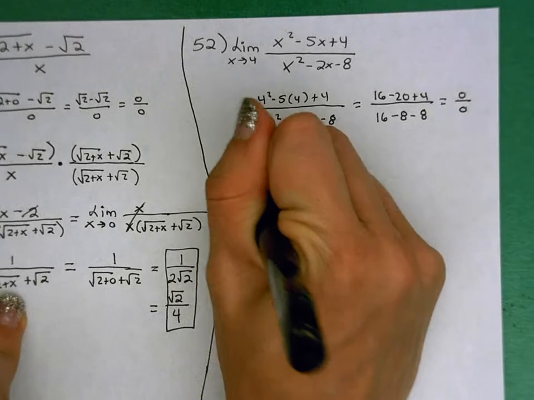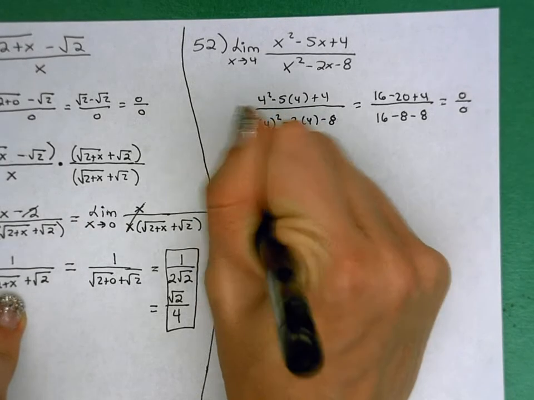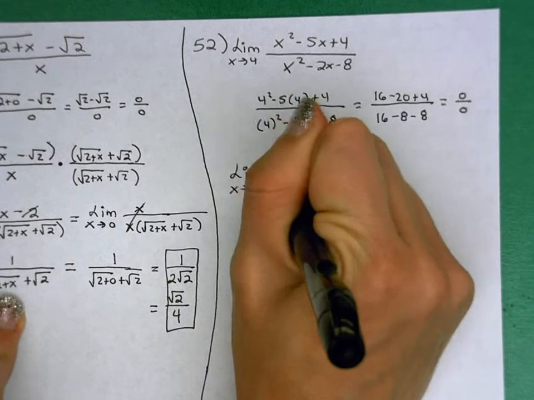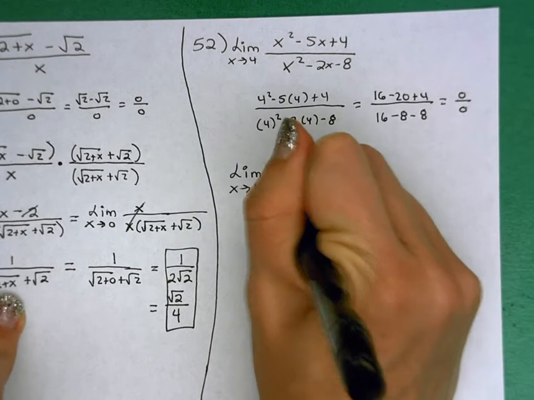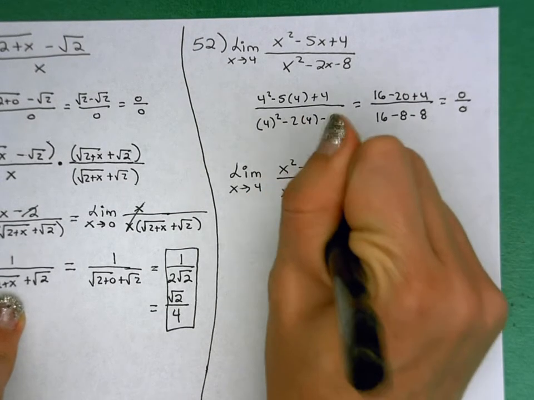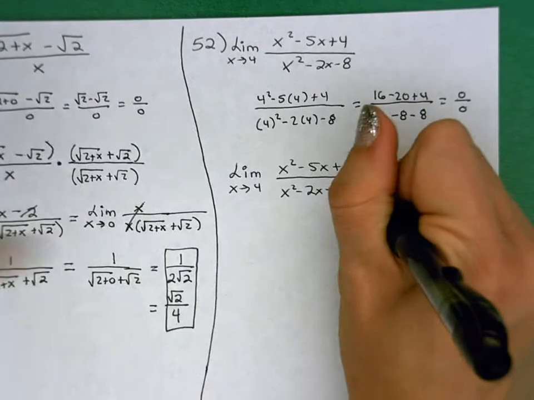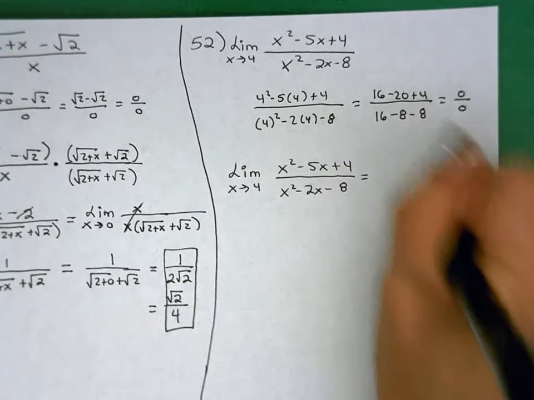So I'm going to rewrite our original limit as x approaches 4 of x squared minus 5x plus 4 all over x squared minus 2x minus 8. Looking at that, the thing that sticks out to me as one of our possible tools is factoring.